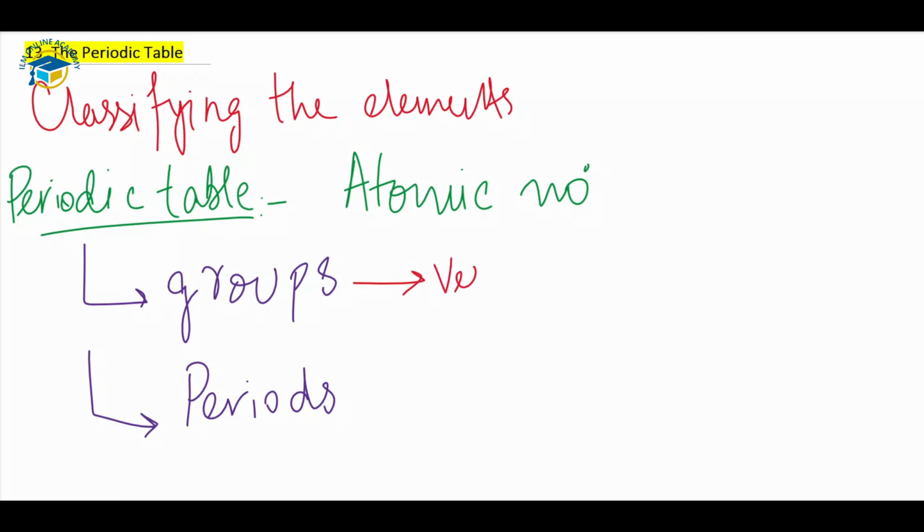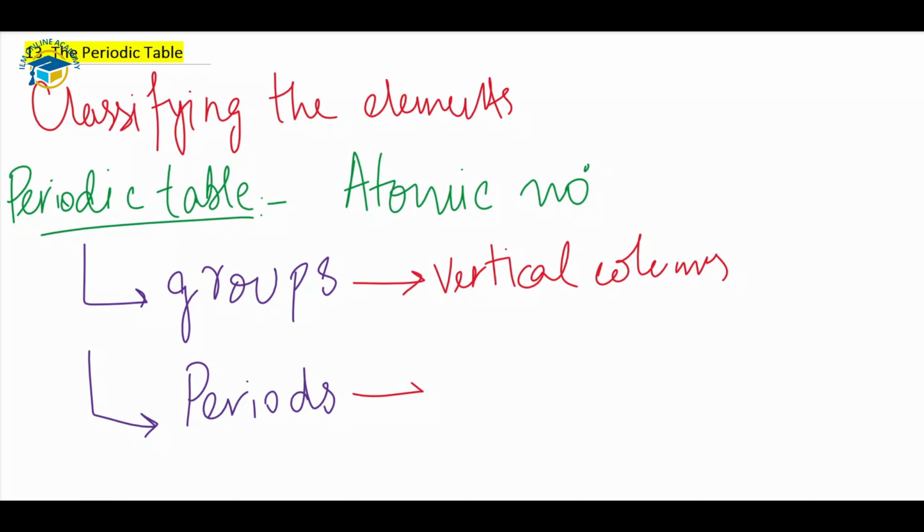So these are the vertical columns of the periodic table. Elements in the groups have similar chemical properties because they have the same number of outer electrons in the valence shells, and chemical properties depend upon the electrons which make the bond with the other atoms. So that's why they have similar chemical properties.